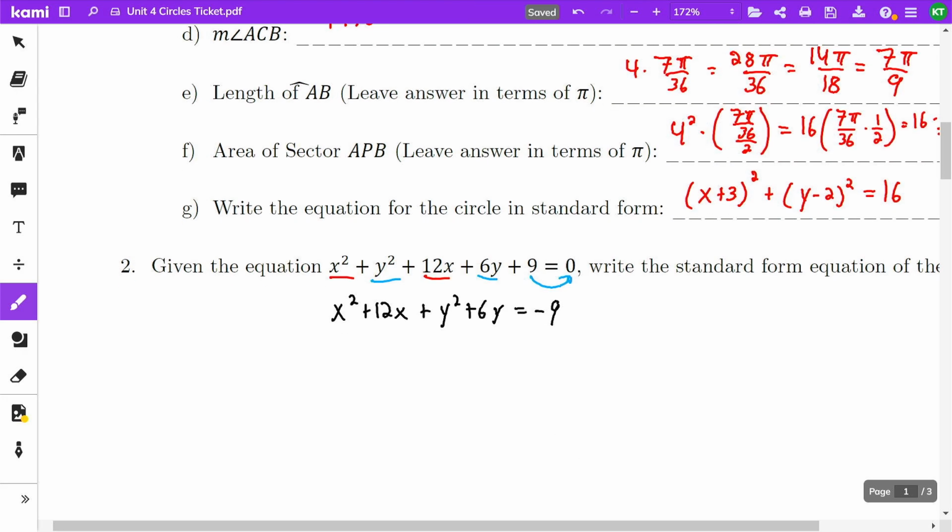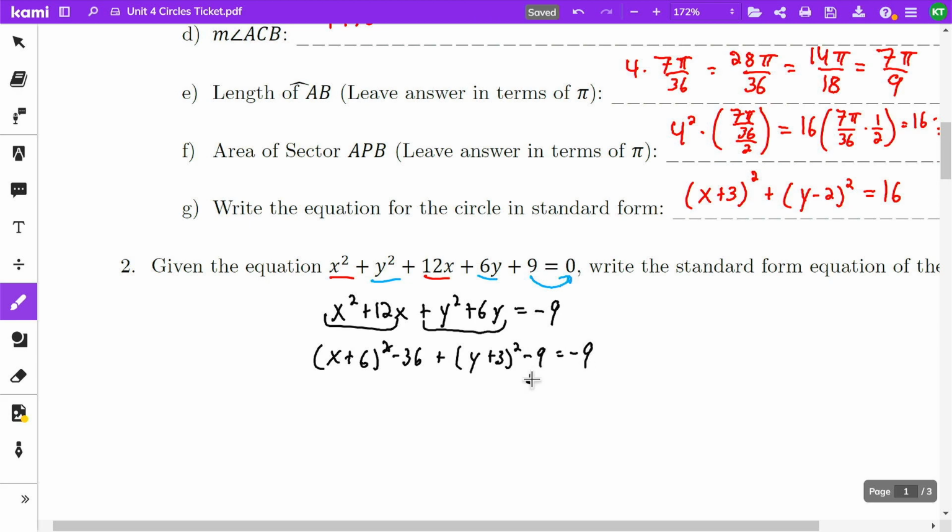Then I complete the square for each of these respectively. So that would be x plus 6 squared minus 36, plus y plus 3 squared minus 9 is equal to -9.